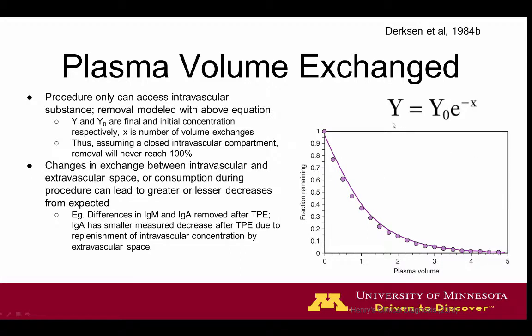Using this equation of y equals y0 times e to the exponent x, with y being the final concentration and y0 being the initial concentration, as you can see, even after 1 to 1.5, you really only remove 60% of your targeted molecule or component, and really, even if you do much more than that, you really never get at 100% removal.